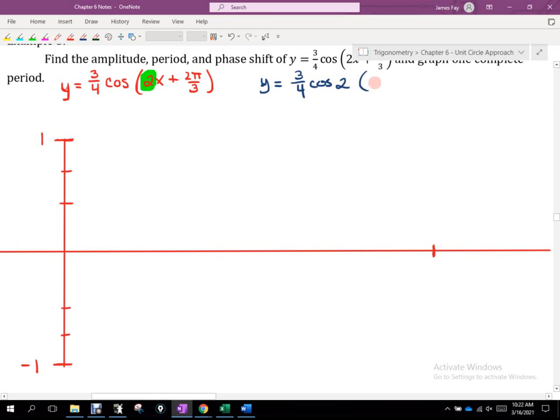I'll factor it out, and when I factor 2 out of 2x, it leaves me with x. And when I factor out a 2 out of 2 pi over 3, factoring out is the same thing as dividing, right? Dividing by an integer is the same thing as multiplying by its reciprocal. So if I take 2 pi over 3 and multiply it by a half, doesn't that just give me pi over 3?